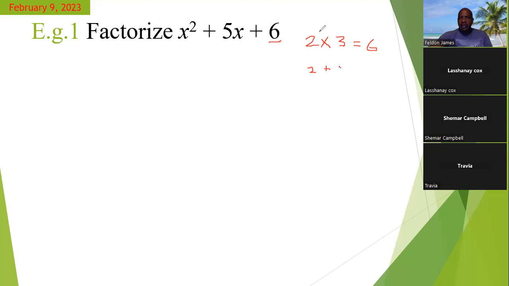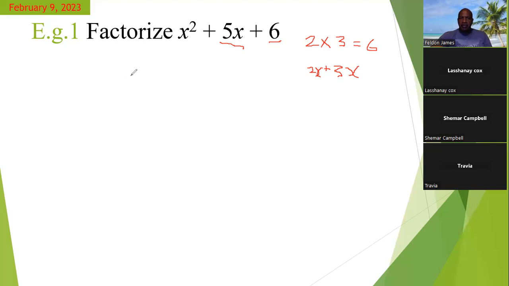And the reason why we can do that is because the sum gives you the same thing as the middle term. So we take out the middle term, we replace it with a 2x, so we put x beside these, plus 3x. So we take out the middle term, replace it with the two numbers that we're adding to get the middle term.